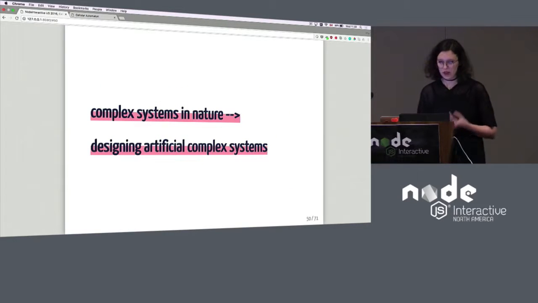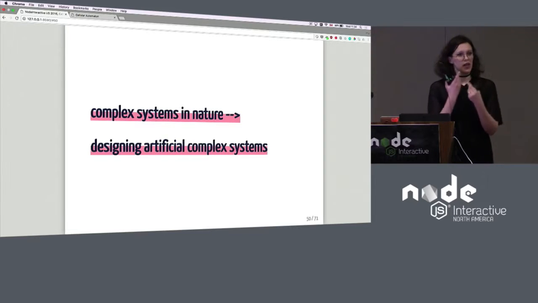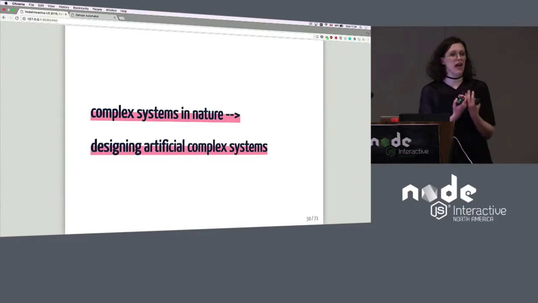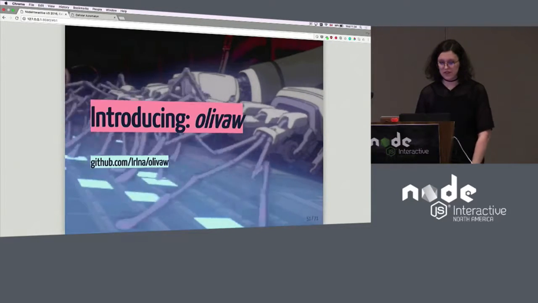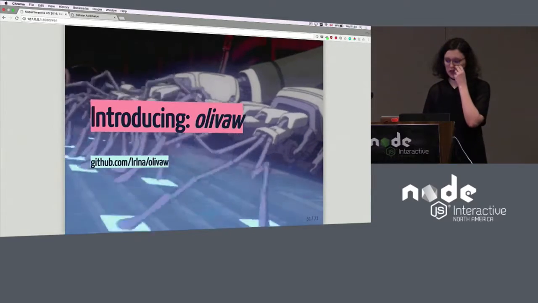Cool. So again, let's go back to the idea that once we figure out a complex system in nature, or once we figure out how to design an artificial complex system, we're able to have a better idea of what the other is. So it's interesting.